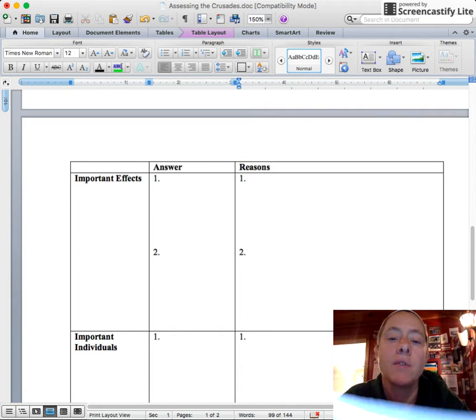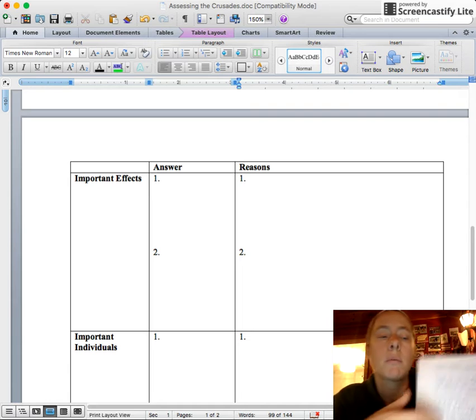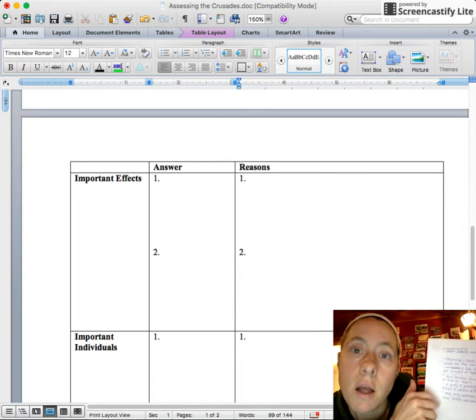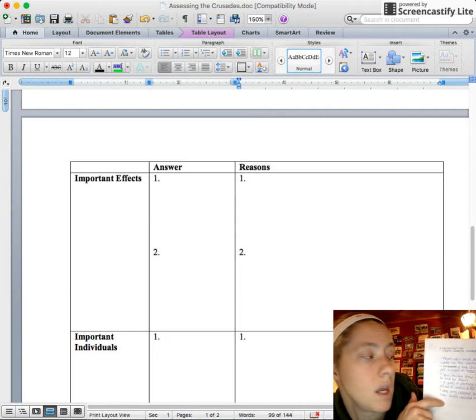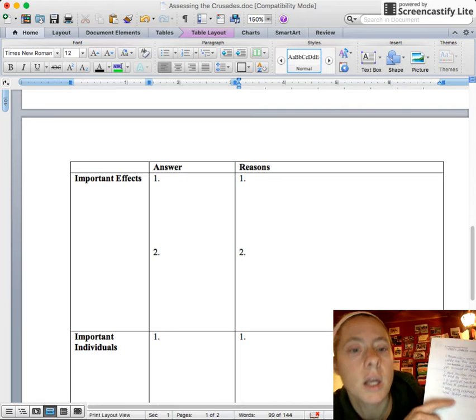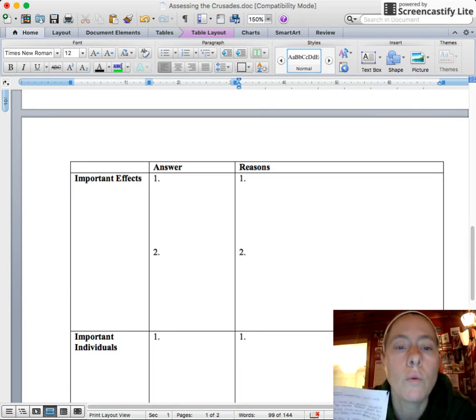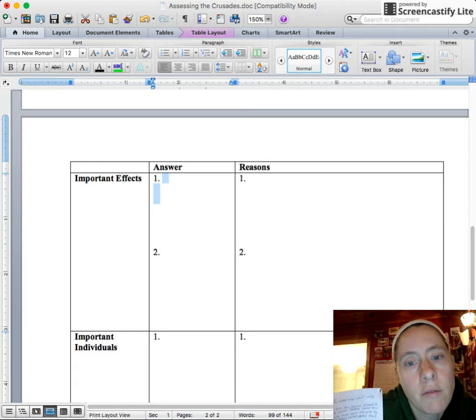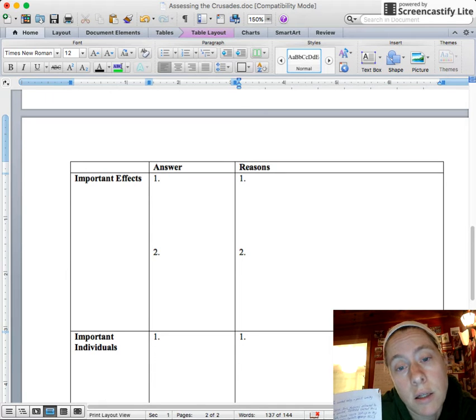And then the effects for the Reconquista are probably, depending on where you wrote the info, 4, 5, and 6 on page 4 of the outline. Those would be effects of the Reconquista, sorry.